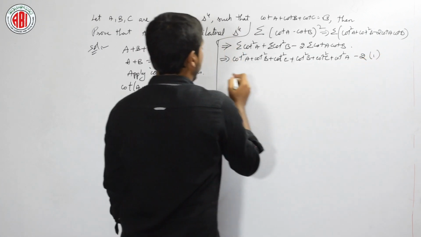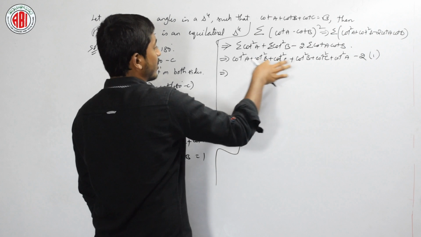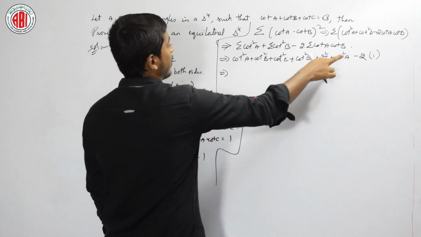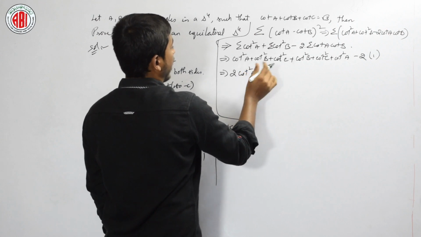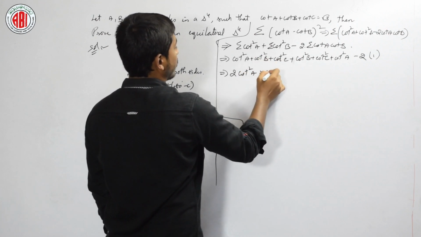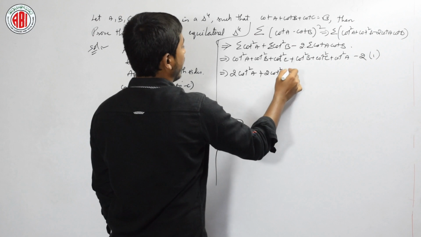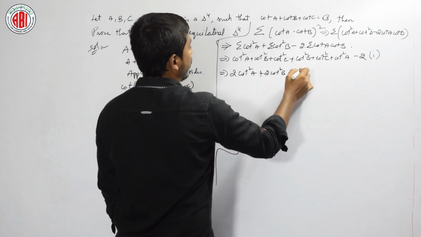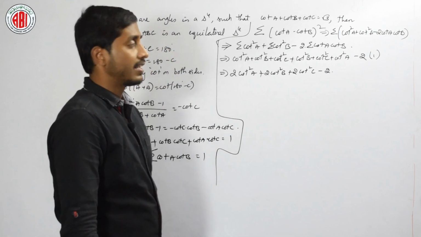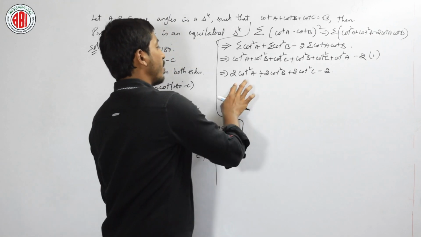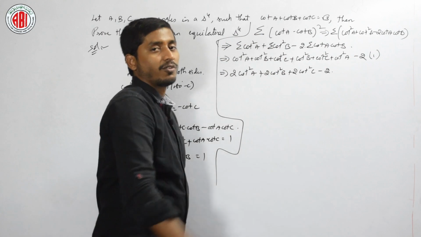Is it clear? Now see here, how many cot squares are there? Cot square A plus cot square A, 2 cot square A; again cot square B, here it is 2 cot square B; plus again cot square C, 2 cot square C; minus 2. Now can I take 2 common from these three terms?